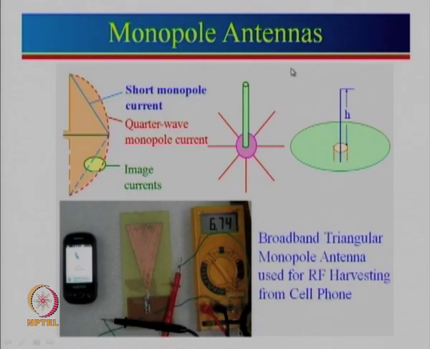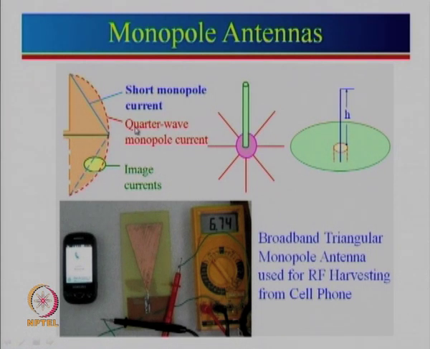Then let us look at the monopole antenna. A monopole antenna is nothing but half of the dipole antenna. One can see here this is the complete dipole antenna, but if we just draw a line in between here, if we make that plane grounded, then this one is acting as an image. Most of the derivation in the beginning we will see for an infinite ground plane, for derivation purposes, and for an infinite ground plane we can see the image current which is directly there.